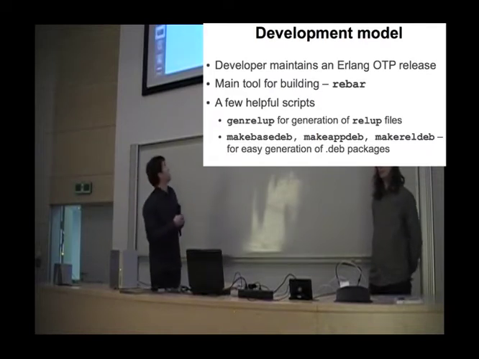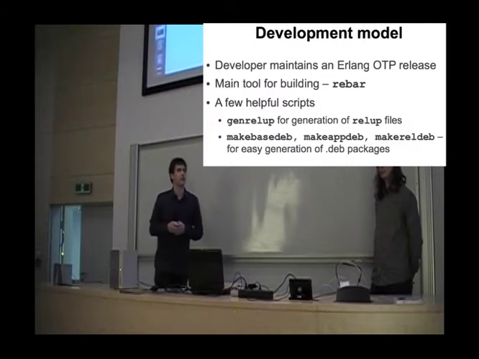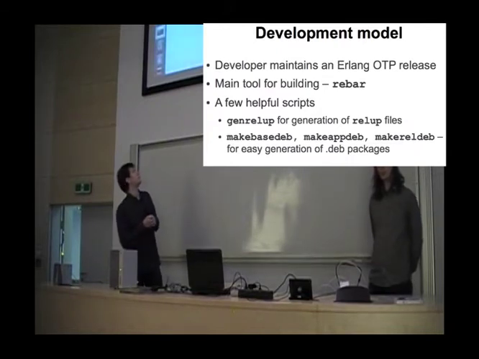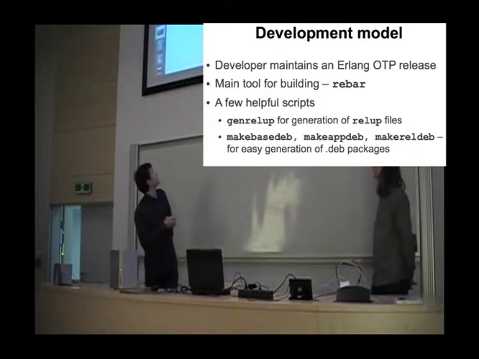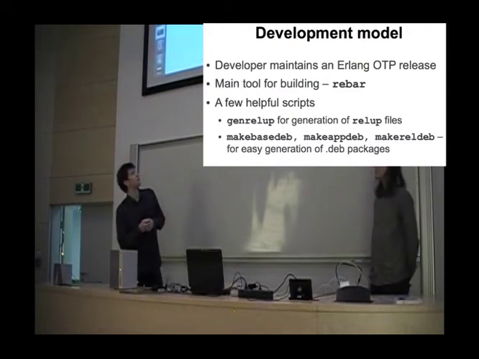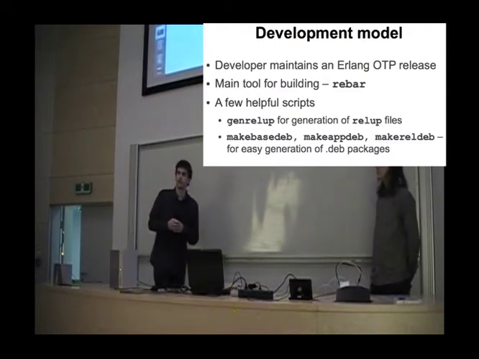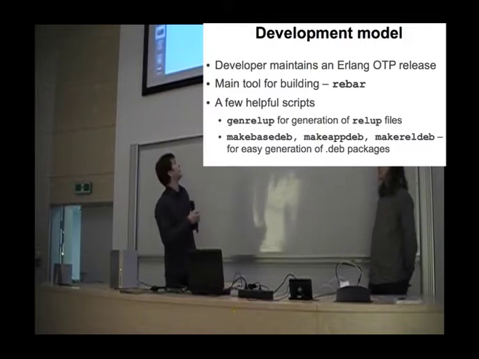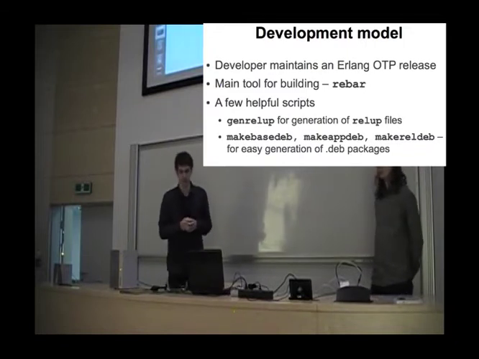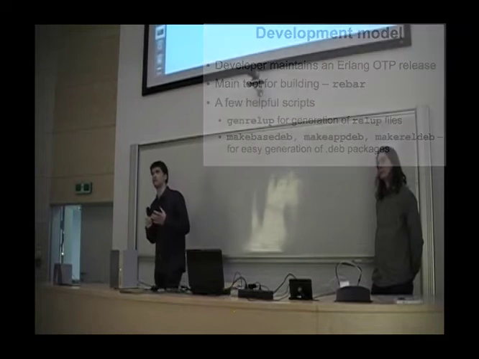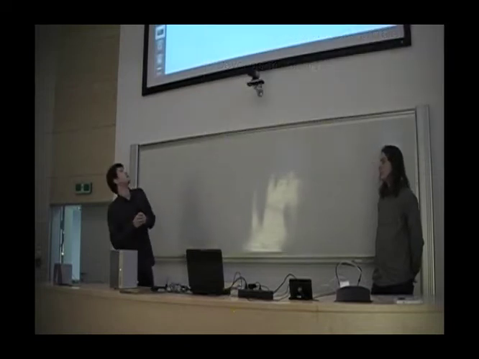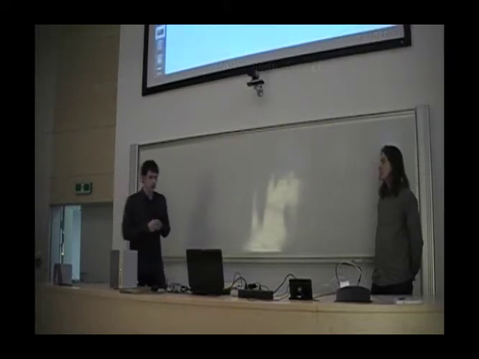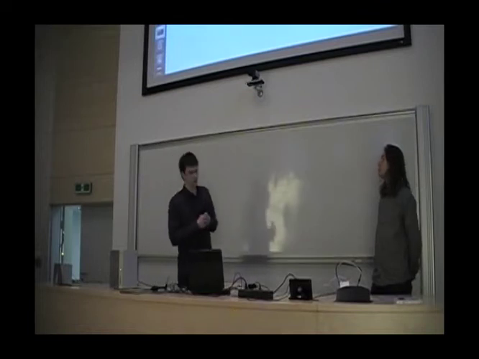And Rebar can do that, but we need some more fine-grained control over it, so we need our own script for this. And finally, we have 3 additional scripts which are used to generate Debian packages for our node. Because, of course, this would be very, very tedious if we did this manually. Okay, so this is about the development model.